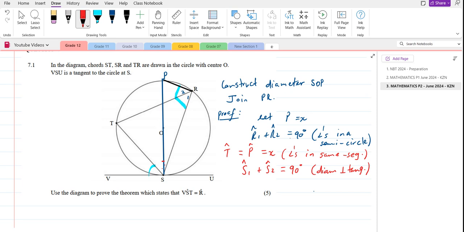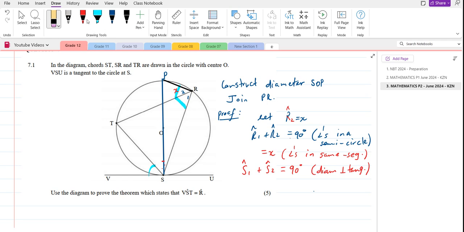Let's make angle R2 be equal to x. If angle R2 is x, then what we have here is 90 and 90, that's fine. We will have angles in same segment. If you look at chord TP, it is going towards x there and towards x there.